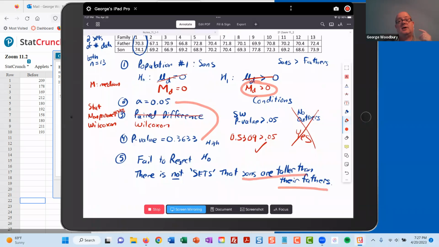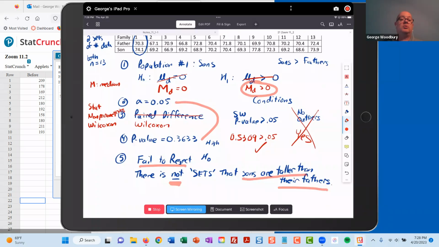And so in my mind, I may have this idea that I just showed that sons are taller than their fathers, but I actually didn't, because I couldn't reject the fact that they were the same, and I did not have enough evidence to show this. So when you have that high p-value, even though I just wrote sons are taller than their fathers, the beginning of that sentence matters, that I couldn't show that sons are taller than their fathers. Now, that, again, doesn't mean that sons are shorter than their fathers. It's just that I couldn't prove that they're taller than their fathers.